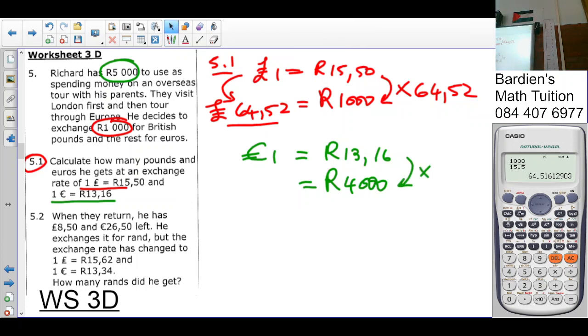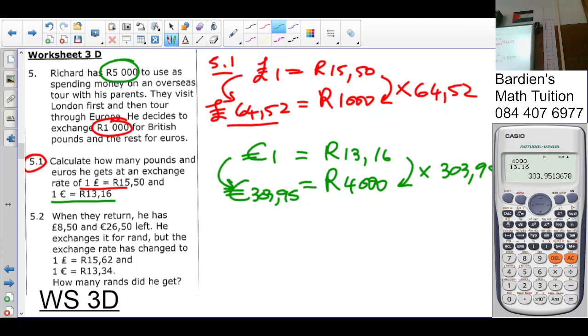That number is going to be 4,000 divided by 13.16, which gives you 303.95. You must multiply that by the same amount, which gives me 303.95 euros. And that's the other answer that you get. In a sum like that, you just underline it.